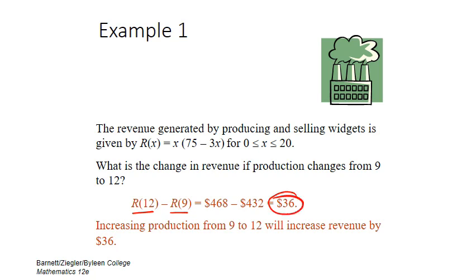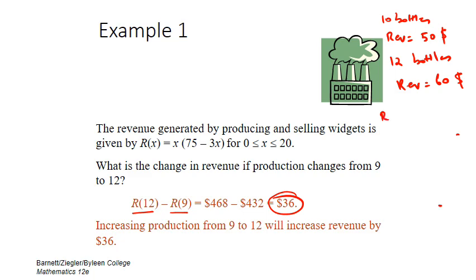For example, when you sell 10 bottles of water, you get $50. When you produce or sell 12 bottles, your revenue increased to $60. So what is the change in your revenue?